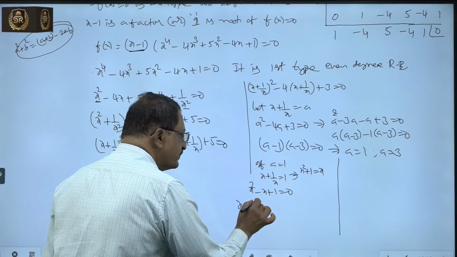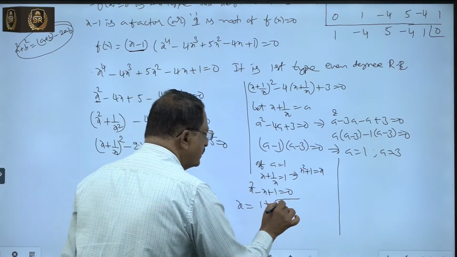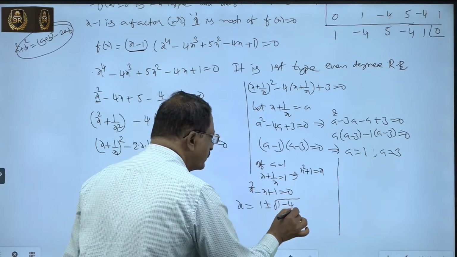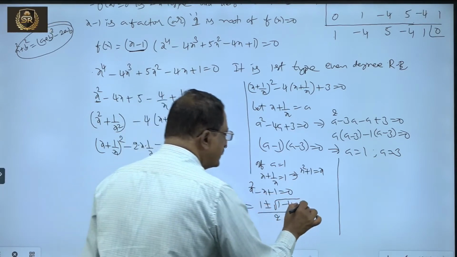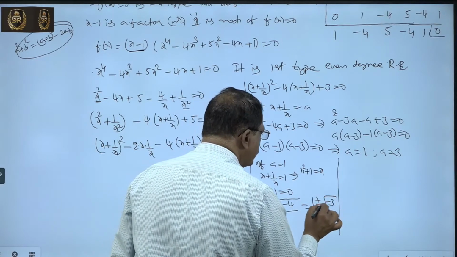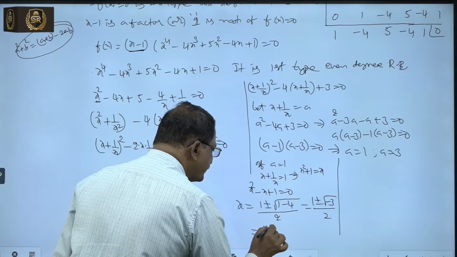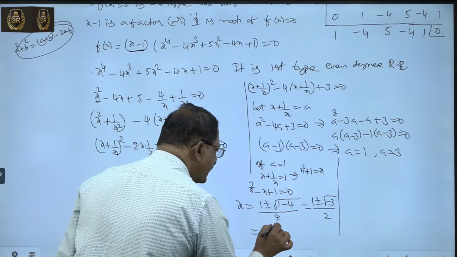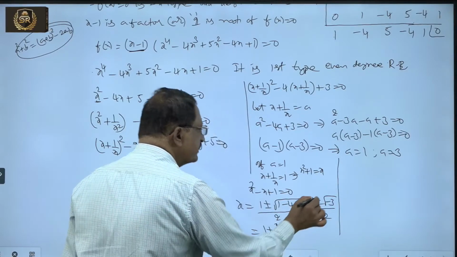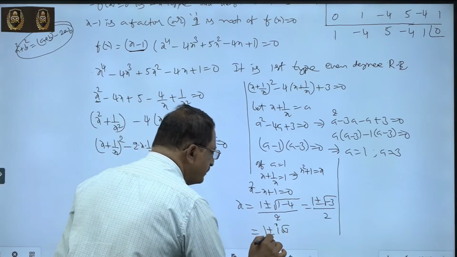Here b equals minus 1, so x equals 1 plus or minus square root of 1 minus 4 by 2, which equals 1 plus or minus root of minus 3 by 2, or 1 plus or minus i root 3 by 2, because minus 1 equals i square, and the square root of i square is i.